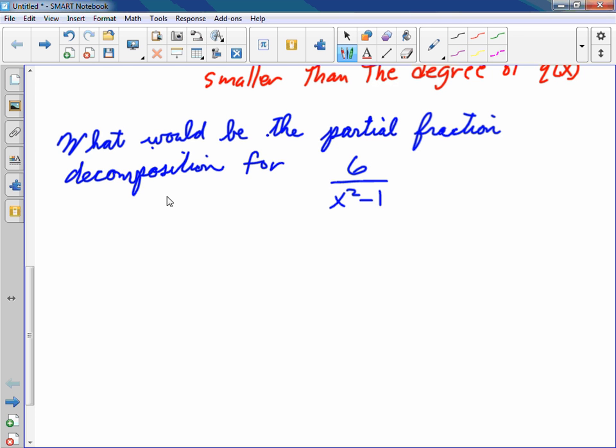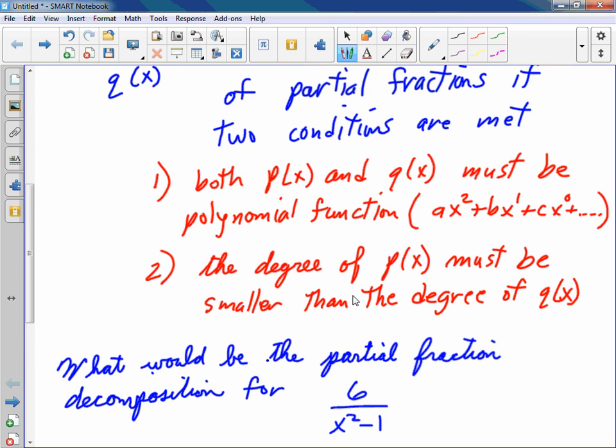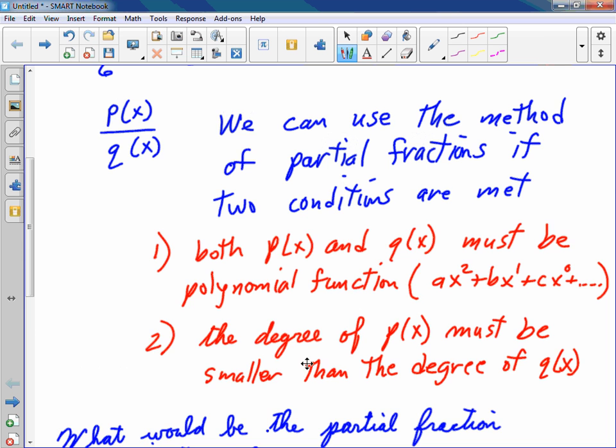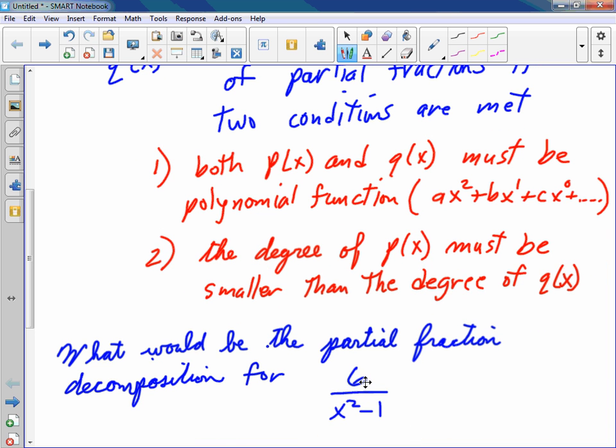So say to yourself, do these meet the conditions that we set out here, p of x over q of x? Well, even though p of x doesn't look like a polynomial function, we can say that 6 is the same as 6x to the 0 power. So the highest degree polynomial here is 0. And then q of x is x squared, so that'll work too.